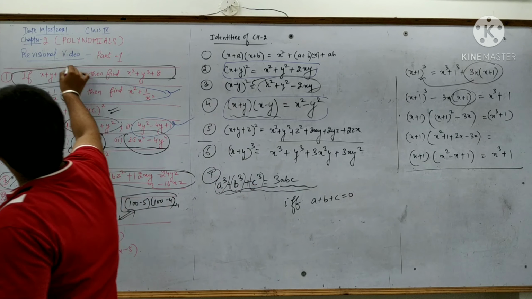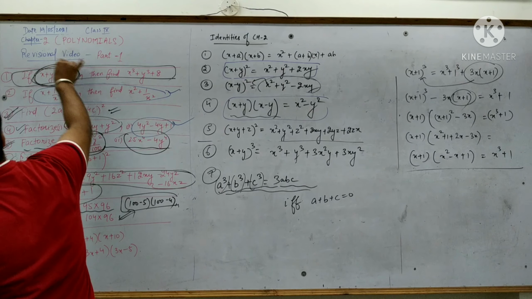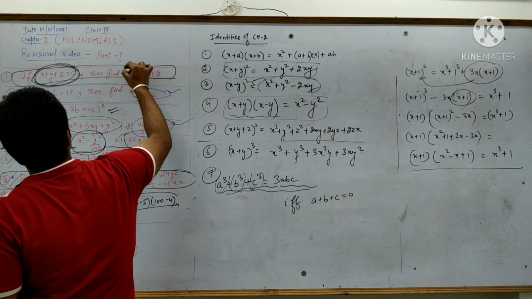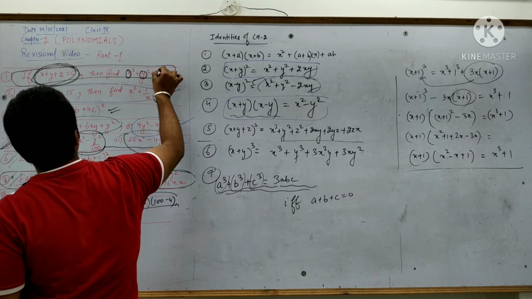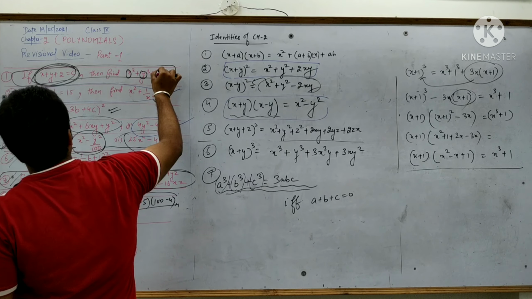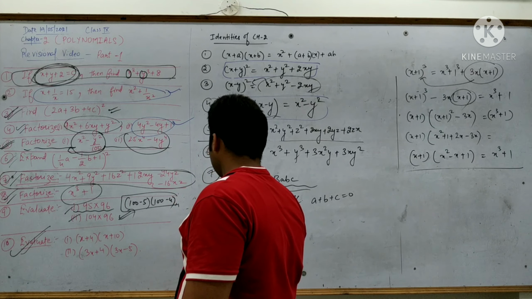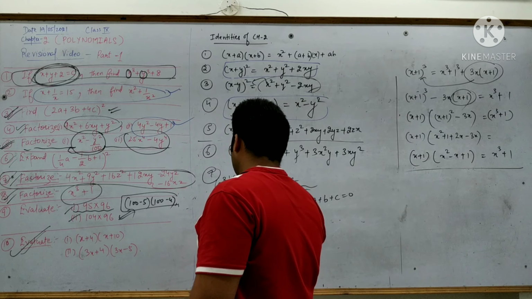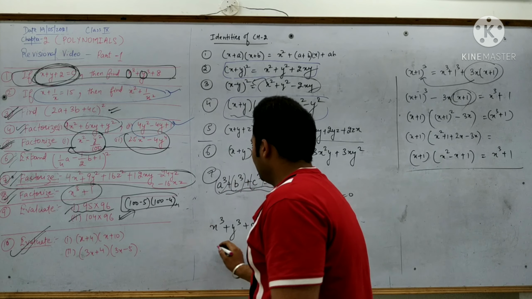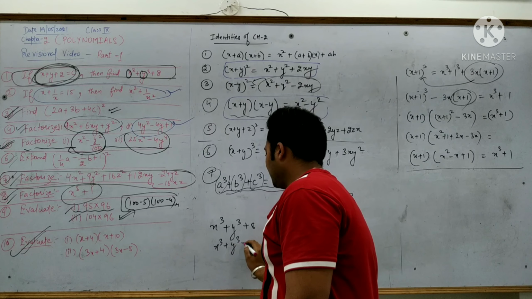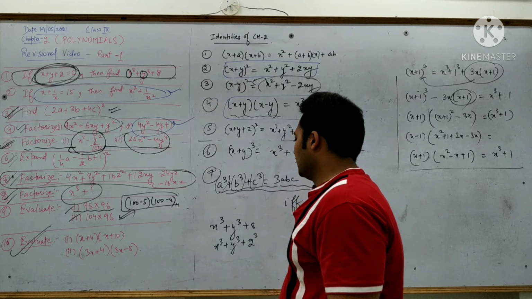And here see, the sum of numbers is given 0, and we are to find the sum of cube of these numbers. 8 can be written in the form of 2 cube, x cube plus y cube plus 8, x cube plus y cube plus 2 cube it is.